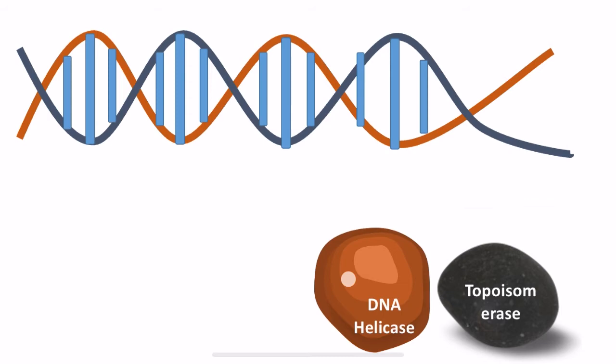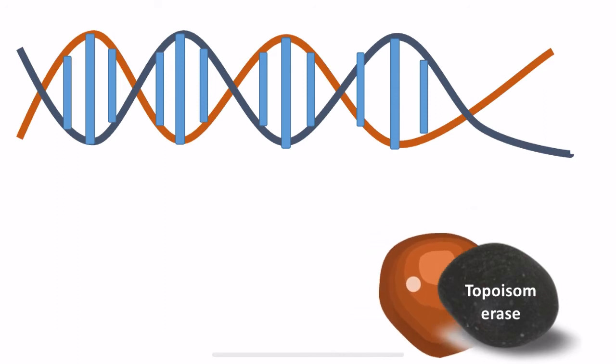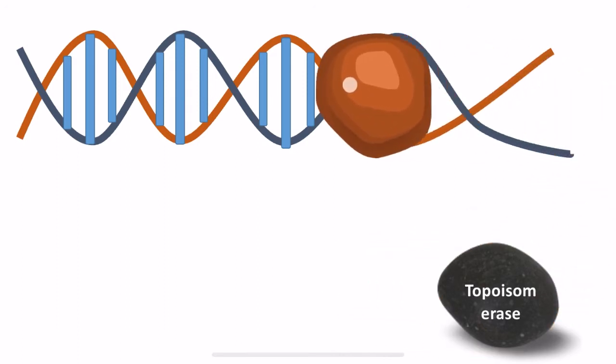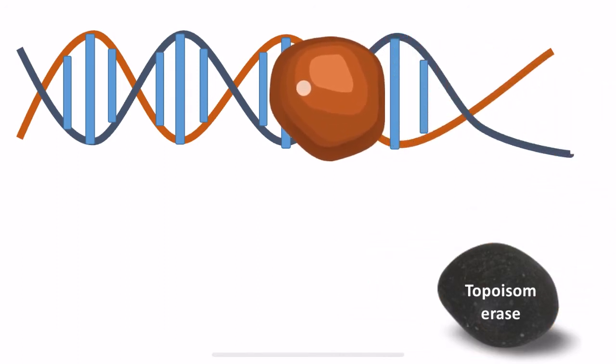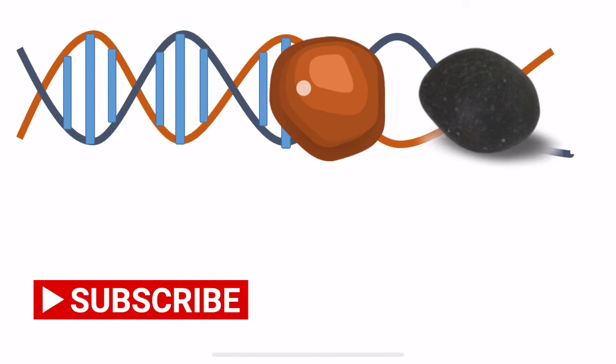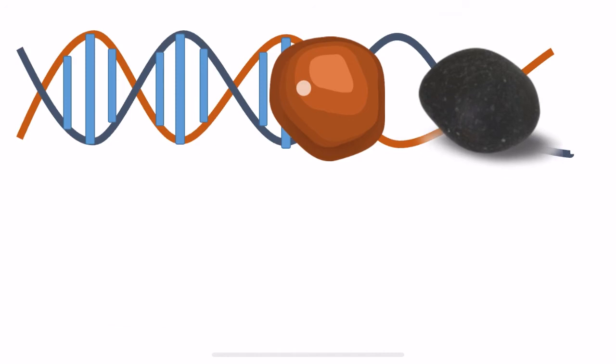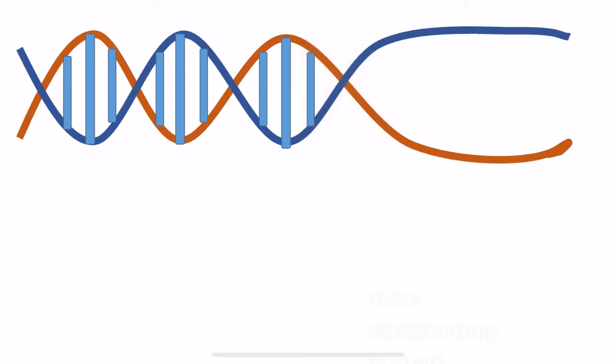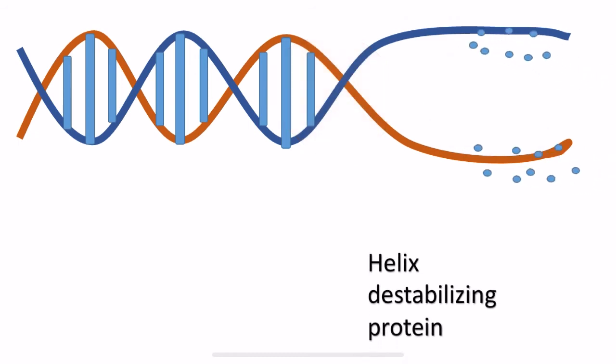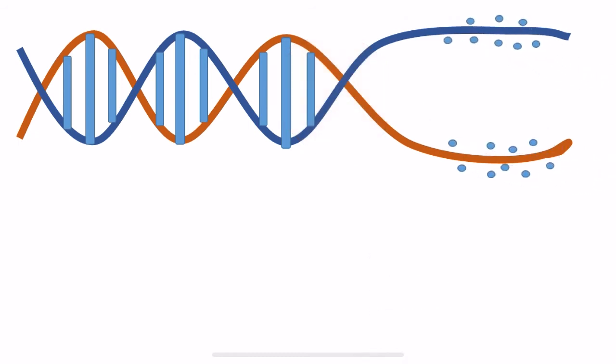While unwinding the DNA molecule, the enzyme helicase unwinds the DNA helix and separates the two strands. The enzyme topoisomerase, also called DNA gyrase, can break and reseal one strand of DNA to facilitate uncoiling. The separated strands are stabilized by helix destabilizing proteins.